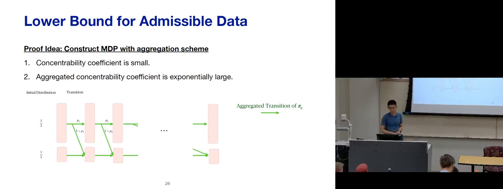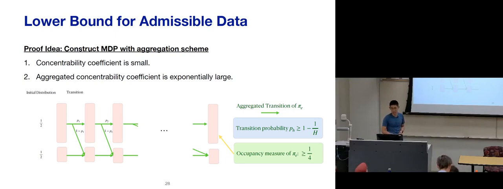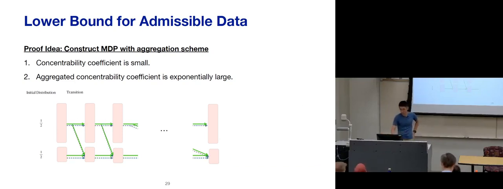The aggregated transitions under pi e are in this way, with transition probability greater than 1 minus 1 over h. According to this, we can show the occupancy measure is lower bounded by 1/4.